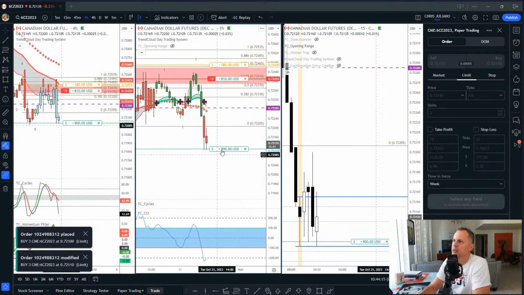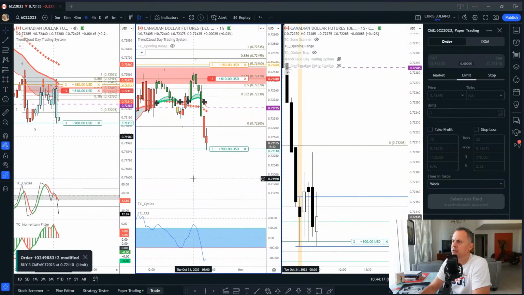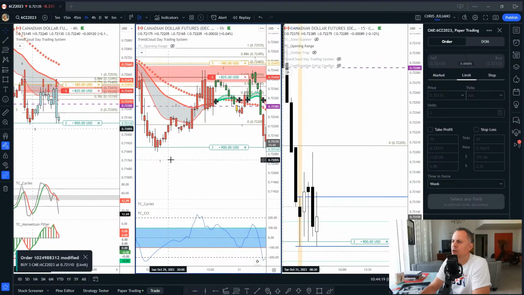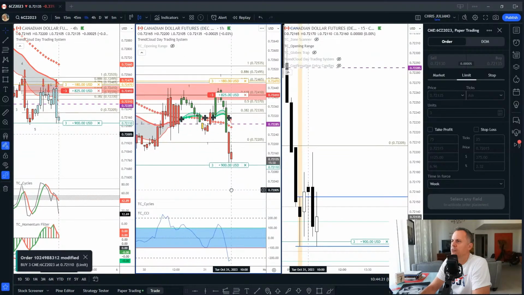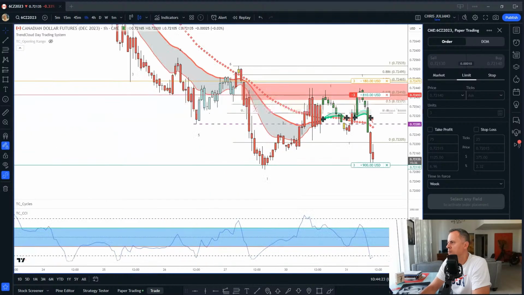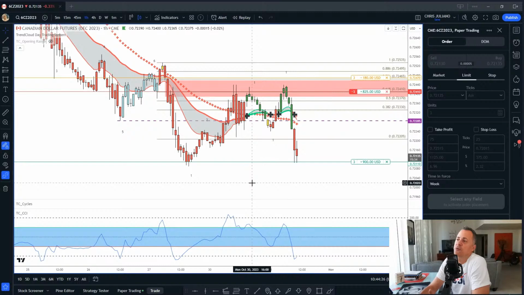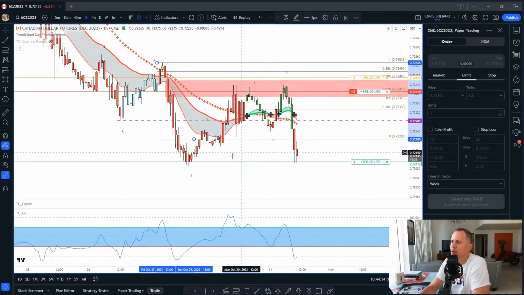It just hit our target right there. So this is how you would trade a sideways movement, right? We said, wow, okay, we're sideways here. We are going sideways.